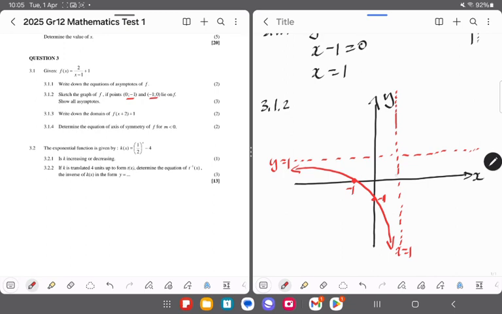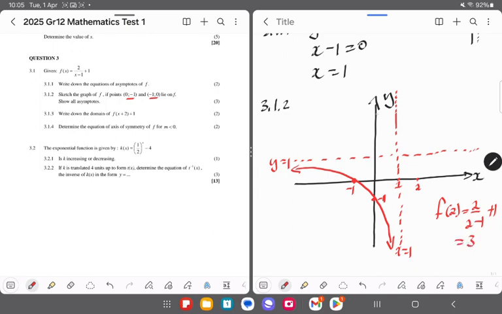Now the second part, remember you are having 1. You can substitute any value. Let's substitute 2. When we substitute 2 on our function, so f at 2, we are going to have 2 over 2 minus 1 plus 1, which will give us what? 3.